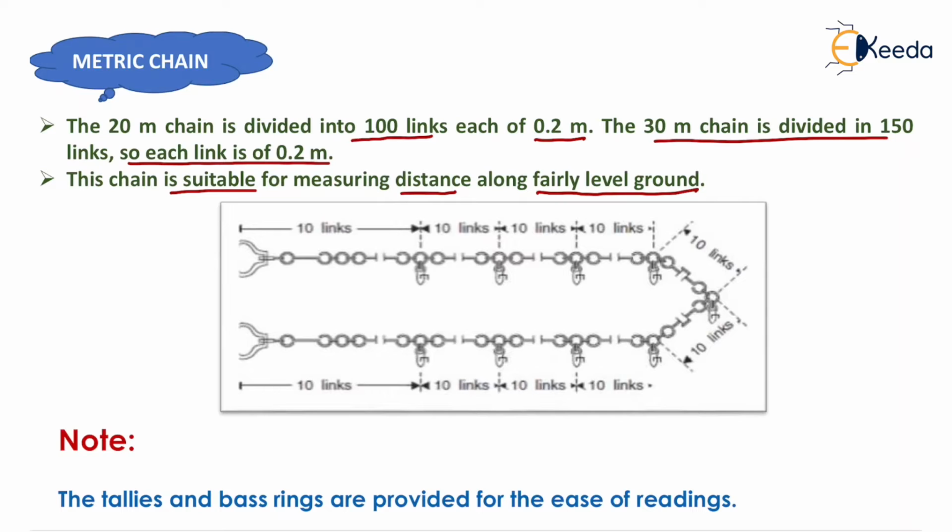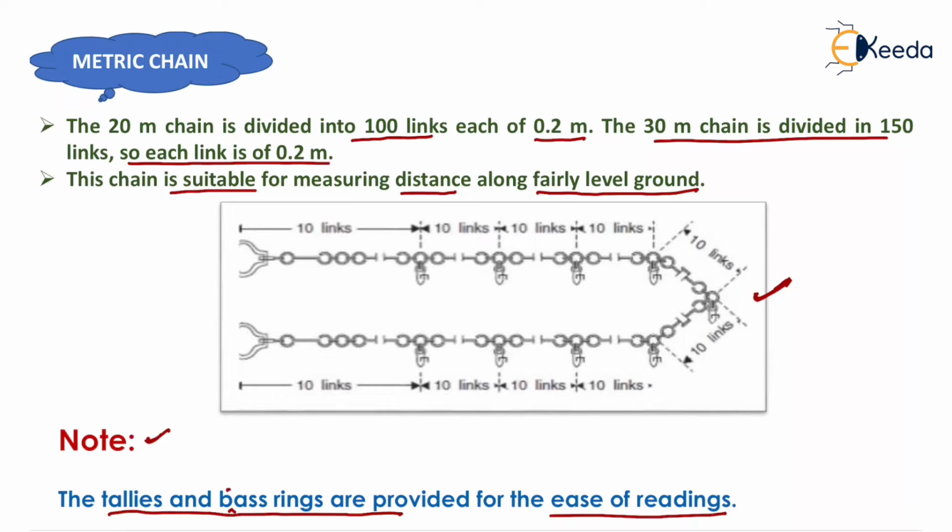Here a metric chain is shown in this figure. One note is there that the tallies and brass rings are generally provided for the ease of reading, so that we can take the reading very easily.